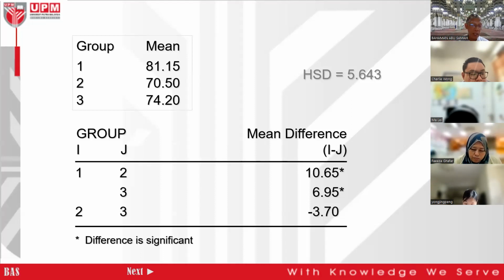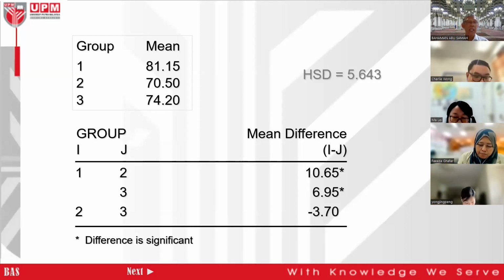For the last pair, democratic and laissez-faire, the mean difference is minus 3.70. When we compare against HSD, we just refer to the absolute value and disregard the minus, because if we subtract the other way round, we get a positive. Since 3.70 is smaller than 5.643, we don't put a star.